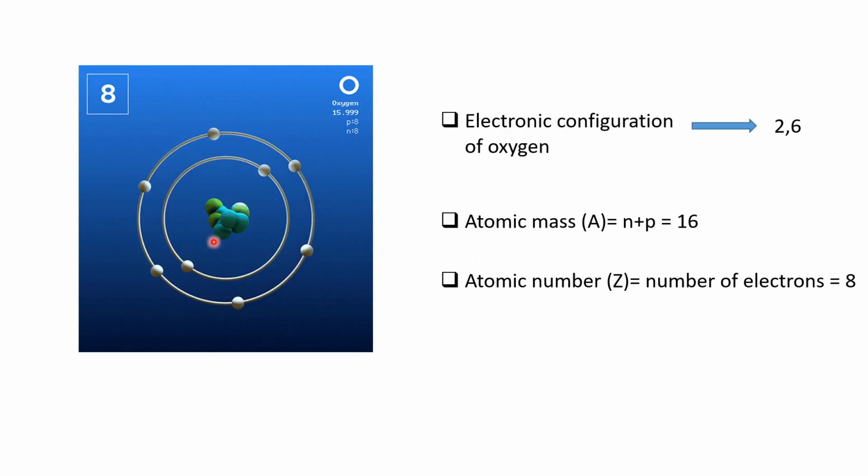So here the oxygen atom is in the neutral state, and so the number of electrons is 8. I can also say it is the number of protons. So whether it be the number of electrons or the number of protons, it is 8. So atomic mass is 16 and atomic number is 8, and the electronic configuration of oxygen is 2, 6.